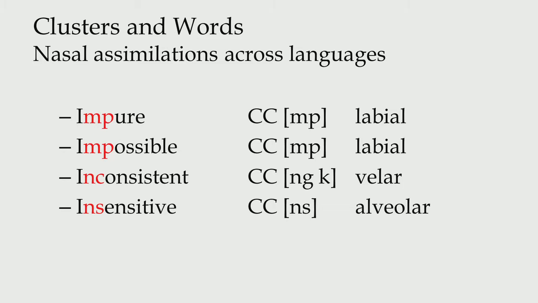So if we have a word like pure, possible, consistent and sensitive, the use of these prefixes before these words make them negative words. So how is this adding prefix working with these examples is what I want your attention at.